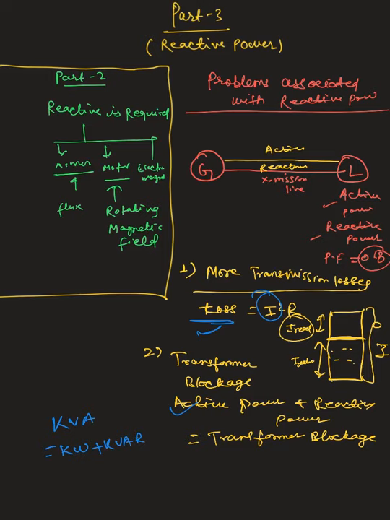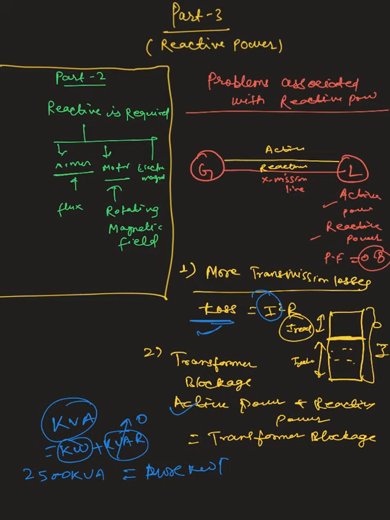Suppose you don't want any reactive power from the transformer, from the grid. That means if it is 0, then for the same kVA it can carry more kilowatt. For example, suppose a 2500 kVA transformer, if there is no kVAR it can carry more kilowatt. That means more active power. Because of the flow of the reactive power in the transmission line, the capacity of the transformer is blocked. It is not able to carry more active power.